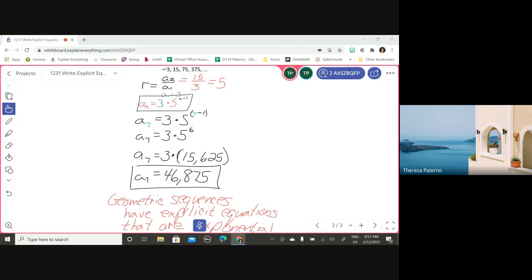Here, my variable is in the exponent. That's called an exponential equation. Exponential equations get very big very fast.